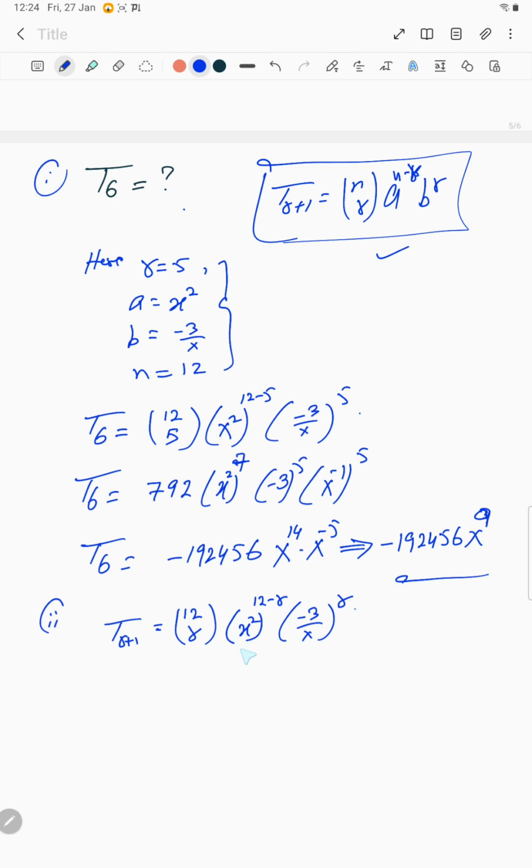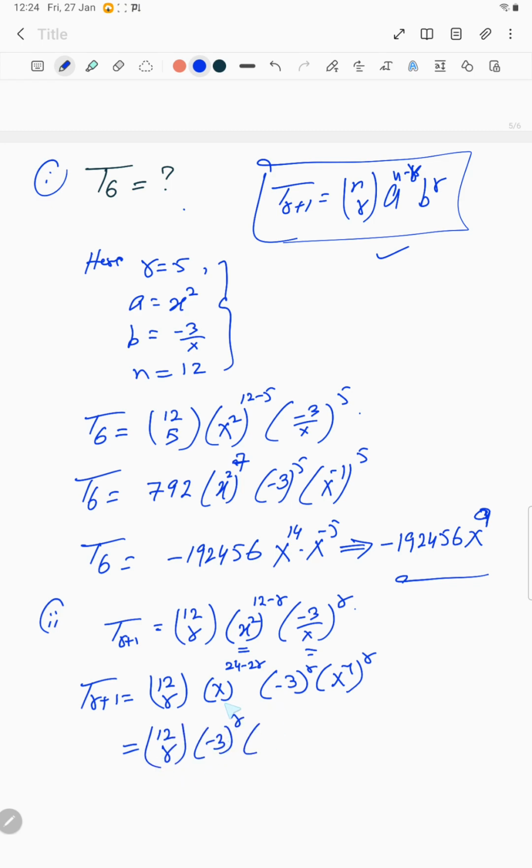And make these two x in single form, like we can say 12Cr x power 24 minus 2r, minus 3 power r, and 1 over x means x power minus 1 power r. So 12Cr minus 3 power r. Now I'm going to combine these two x together to write in 1 x. I will add the power 24 minus 2r, and this becomes minus r, so minus 3r.